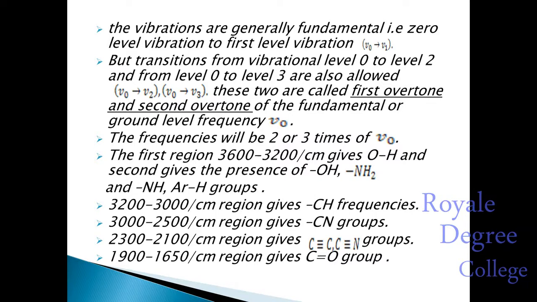So here the 3200 to 3000 per centimeter region gives CH frequency. 3000 to 2500 per centimeter region gives CN group. Then 2300 to 2100 per centimeter region gives C triple bond C and C triple bond N groups. 1900 to 1650 per centimeter region gives C double bond O group.